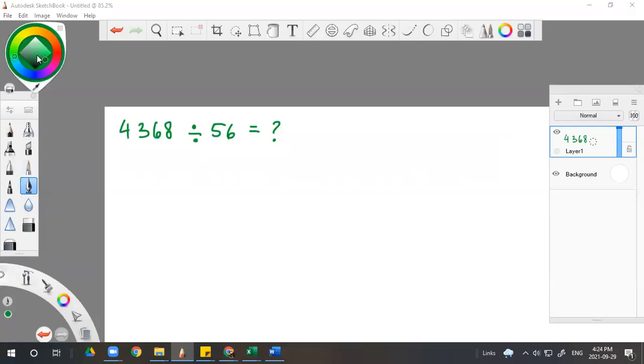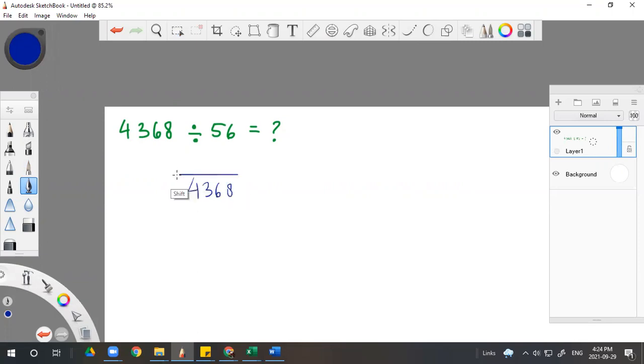Here you go. Try. Do one by one. You put the 4,368 on the inside because it's the dividend, and the 56 will be the divisor. Now we can start from either the first digit, second digit, third digit, or fourth digit.